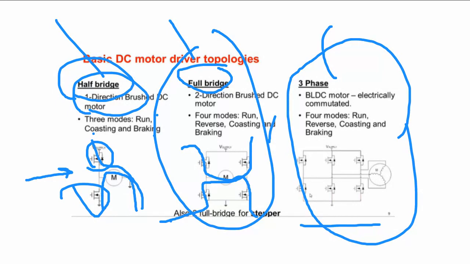Okay, half bridge for one direction DC machine control, full bridge for two direction DC machine control, two full bridges if you want to control a stepper motor. If you design a three phase circuit, you want to control a BLDC motor.